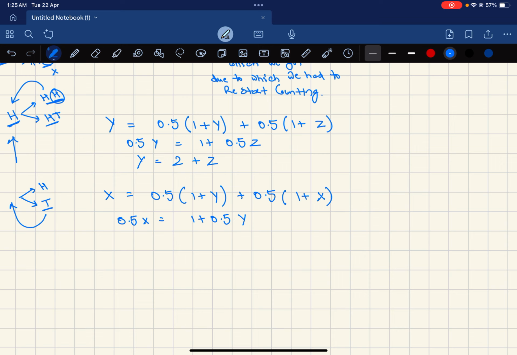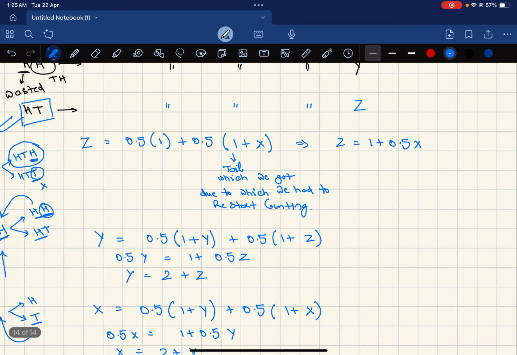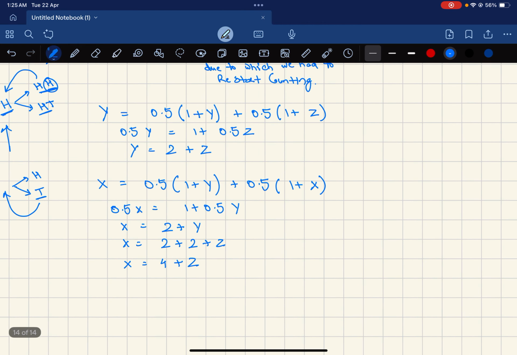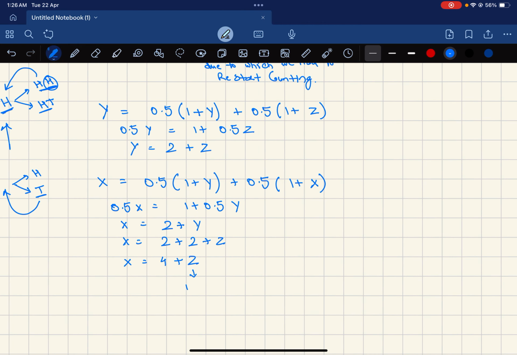Now this can be written as x equal to 2 plus y, and y we already know is 2 plus z. This is 2 plus 2 plus z, so x becomes 4 plus z here. Now we already know z as 1 plus 0.5x, as we know from our first equation here. So we can write this as z equal to 1 plus 0.5x.